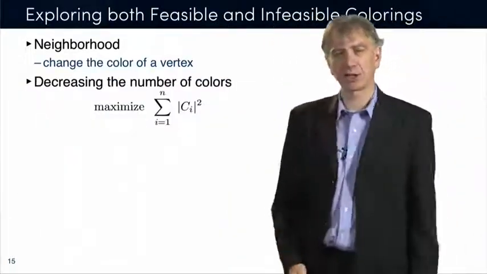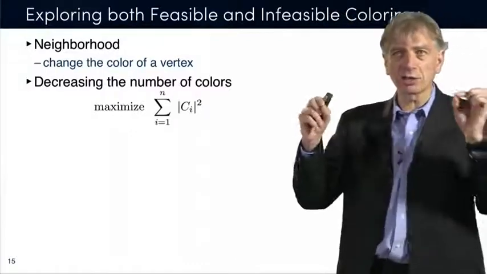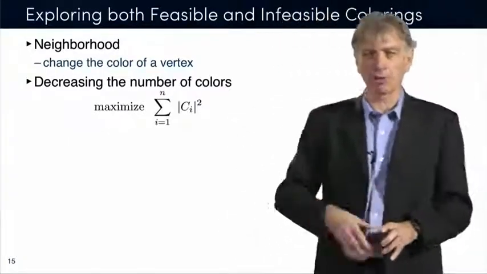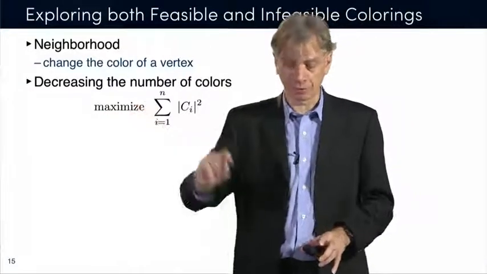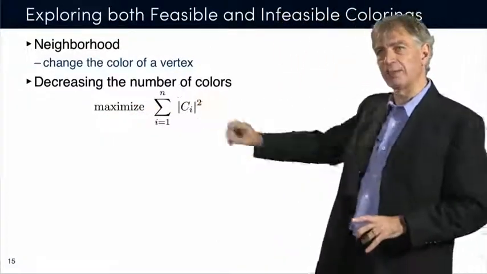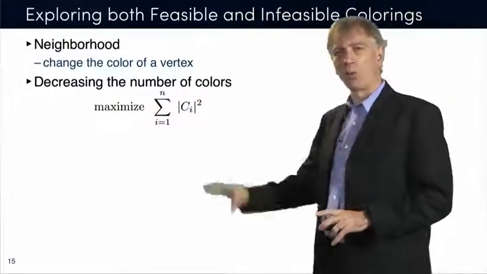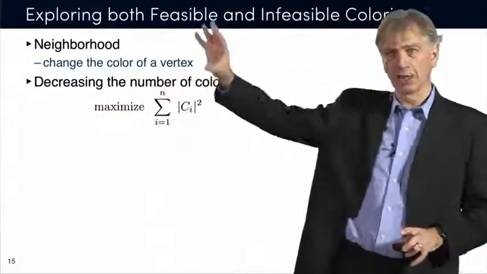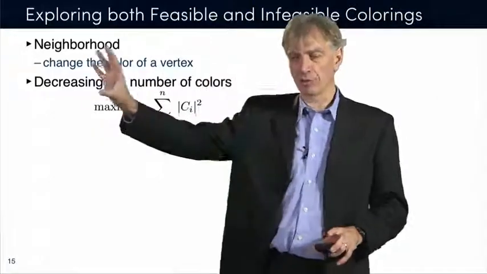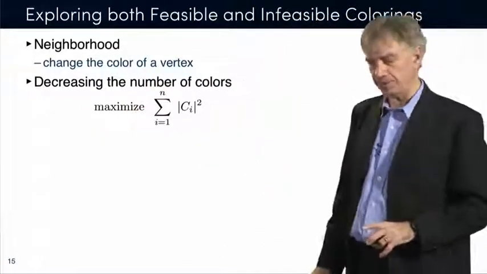And now essentially what I want to do is find a nice way of expressing this objective function. Once again, the neighborhood is changing one color. Now I have to focus on the objective function. I'm going to use exactly the same thing that we have done when we were in the feasible space. I'm going to try to maximize the square of the sizes of the color classes.